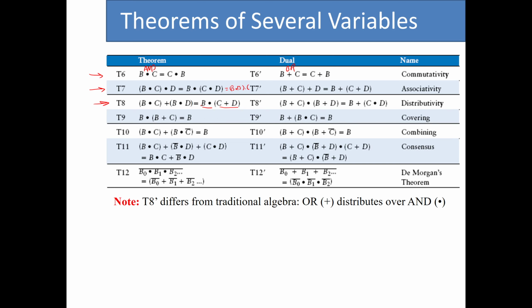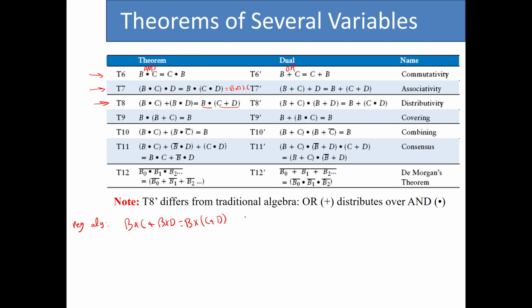So this is something that you have seen in regular algebra too. In regular algebra, if you have B multiplied by C plus B multiplied by D, you can easily factor out B. First calculate the summation of C and D, and then multiply that with B.